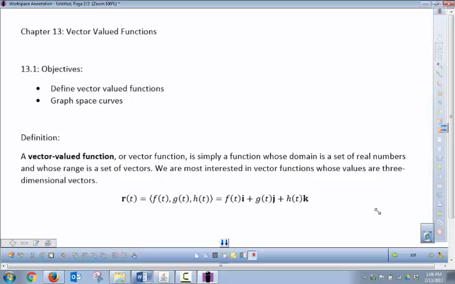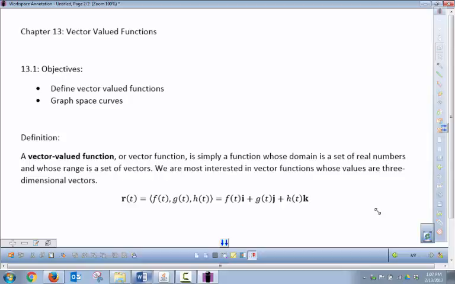All right, vector valued functions. So we actually know these functions already, except now this is essentially parametric equations, except they're going to be brought up to 3 dimensions.